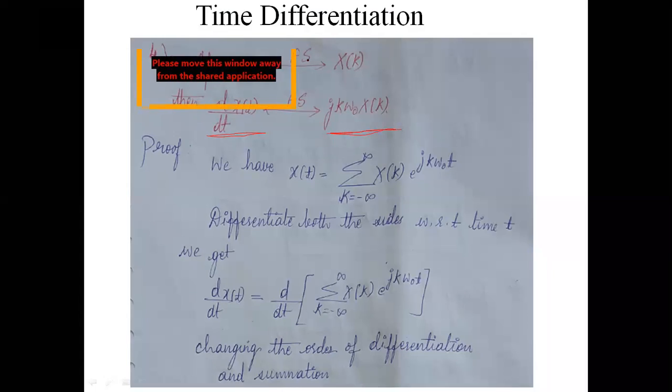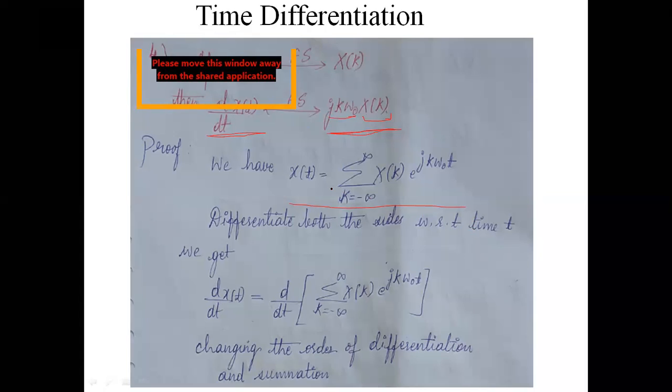Observe the statement: if x of t and x of k form a Fourier series pair, then if you differentiate x of t in the time domain, its corresponding Fourier series coefficient x of k will get multiplied by j k omega naught. Okay, so let us prove this.